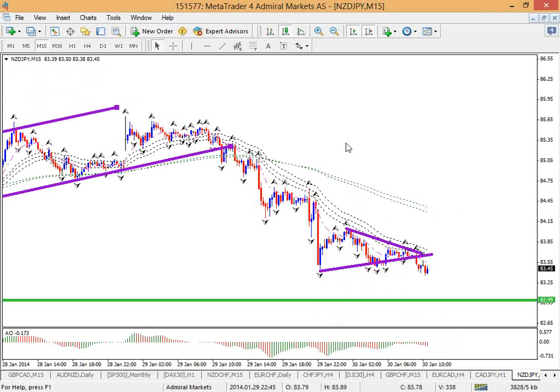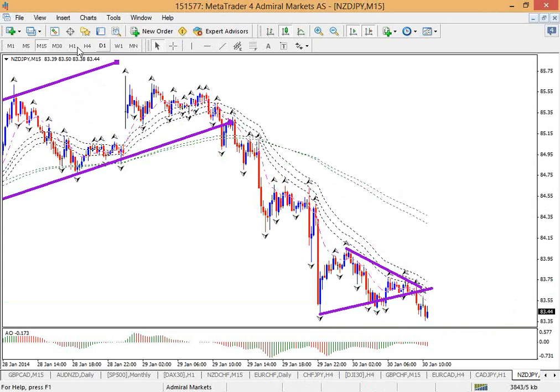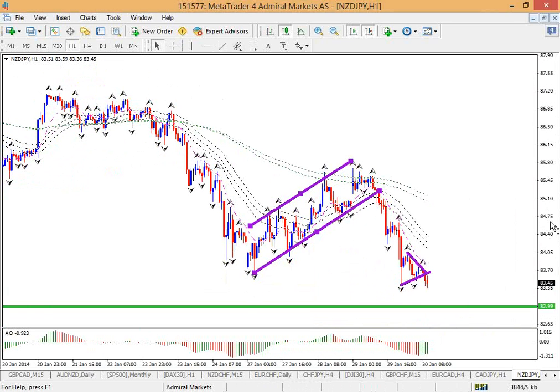Of course, the more breaks you get, the less likely that the trade will materialize. This was a first break and pullback, then another break and pullback, and maybe this is again a break and pullback. But it is the third one, so eventually there's going to be maybe a bigger bounce.